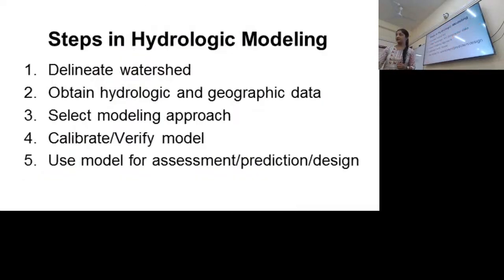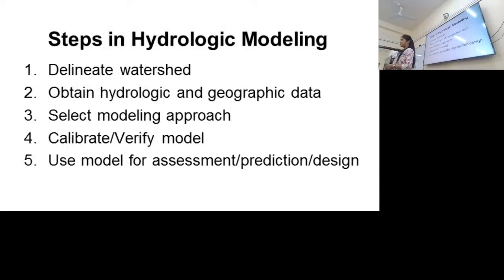Then steps in hydrologic modeling. The first step is to delineate the watershed. We will be given one input, and it will be shown in the practical session. Then we will have one outlet, and the first step is the delineation of the watershed. Then obtain the hydrologic and geographic data, whatever data we have for that particular watershed.